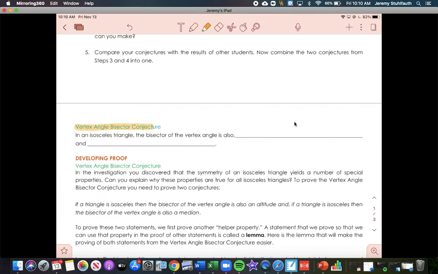It states that in an isosceles triangle, the bisector of the vertex angle is also the altitude and the median to the base.